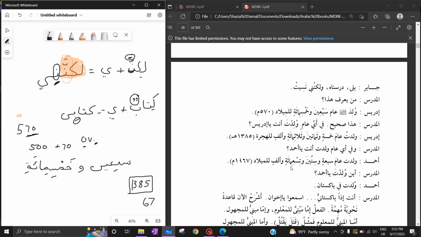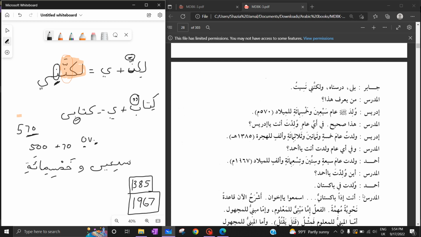Tis'a mi'atin means 900. Then alfin means 1000. So what year do we get? 1967. Mudarris: aina wulidta ya Ahmad? Where were you born? Which place? Wulidtu fi Pakistan. In Pakistan.